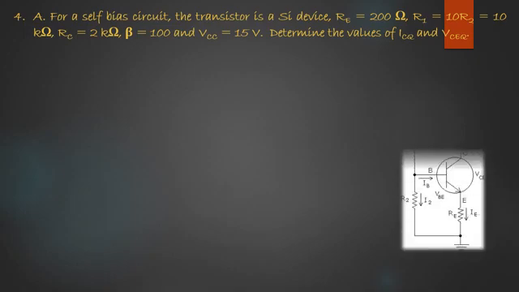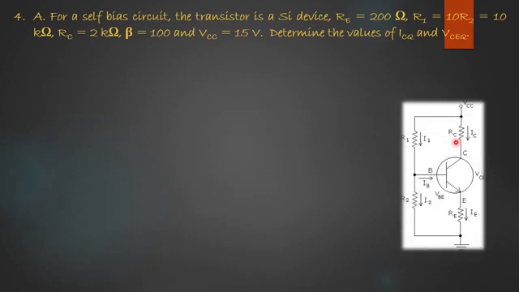It is a straightforward problem where the given circuit is a self-bias circuit, where we have R1, R2 which are already given, RC is specified, RE is also specified, and VCC is 15 volts. The value of beta for the transistor is 100. We have to find out IB first and IC and then IE.